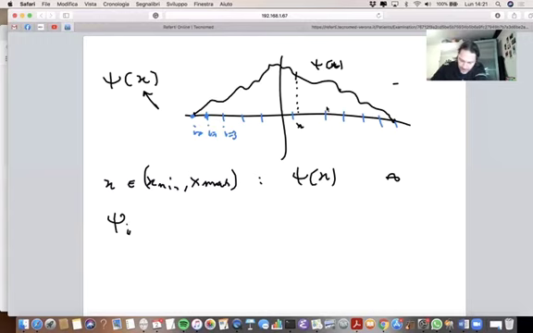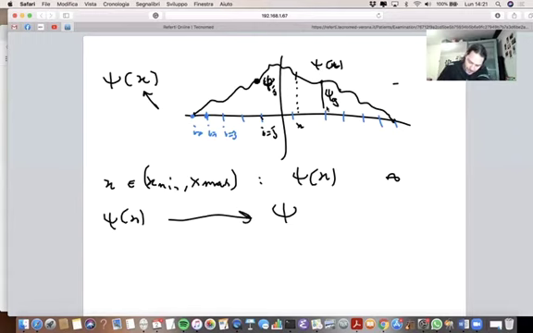For instance, this is psi 5, and this is psi 9. So after discretization, a function is completely specified by a set of numbers, psi 1, psi 2, psi 3, up to psi n. This is psi n.